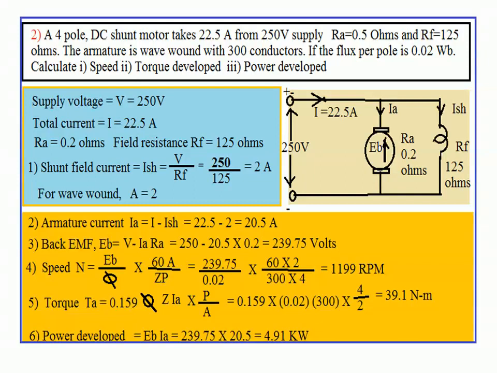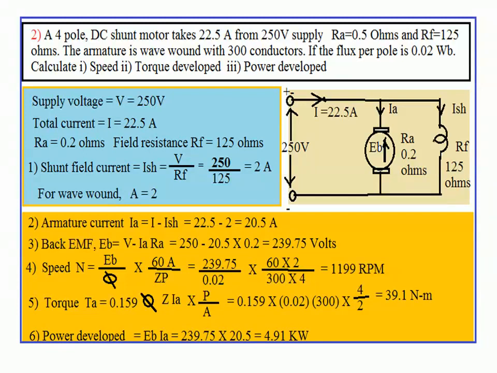Now in this problem, total current drawn by the motor is given. Total current is 22.5 ampere. Hence it is our duty to calculate ISH, then go for armature current. Mainly we require armature current. Then the motor is wave connected, number of parallel paths A equals 2.